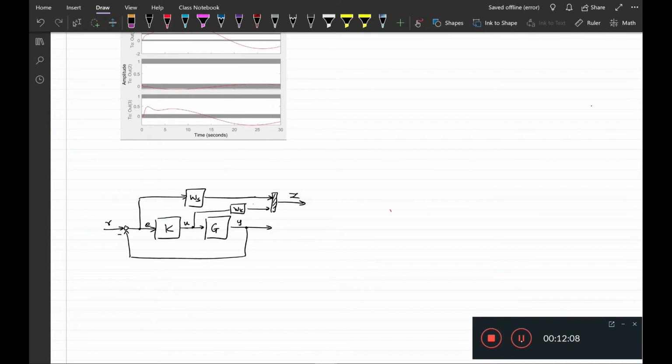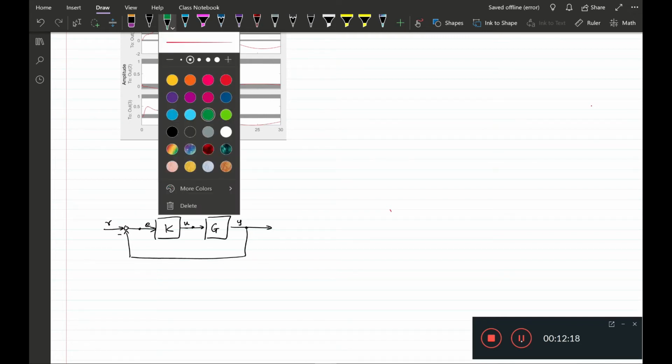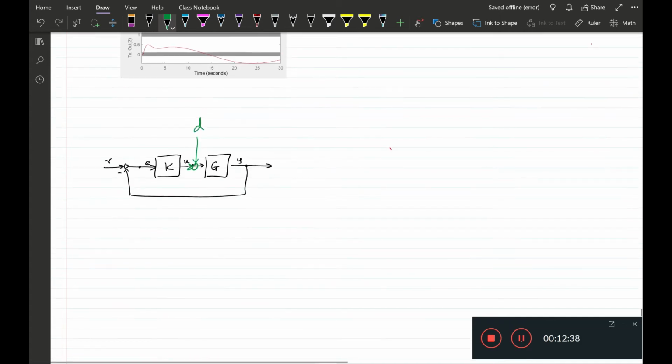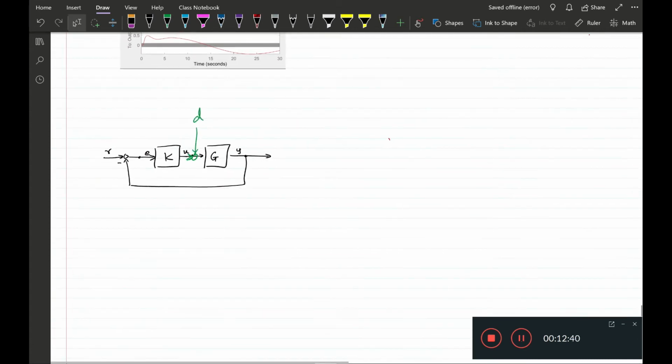Let's remove the shaping filters and bring in a disturbance input D. Now the noise could just be moved to the reference, and we didn't have any new transfer functions to consider, but with the disturbance entering here, we do have new transfer functions that we need to consider.